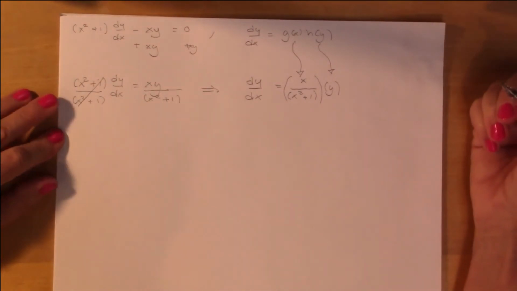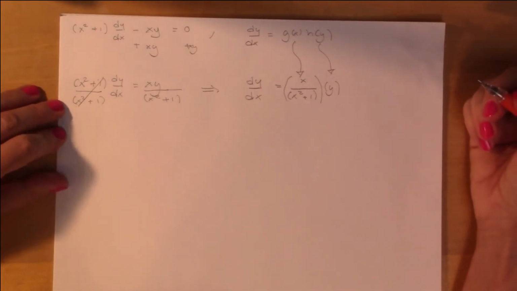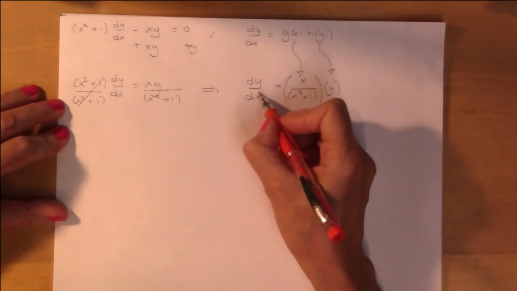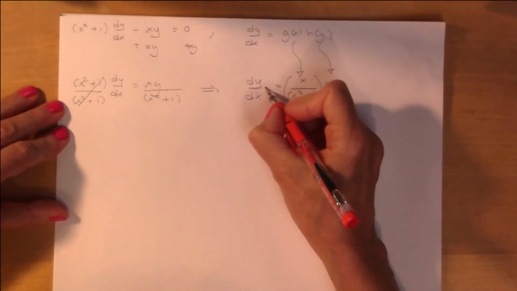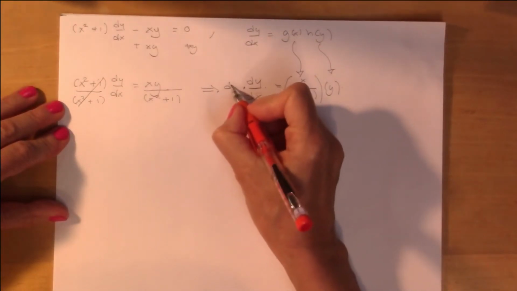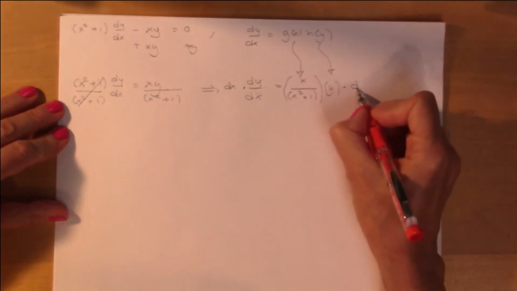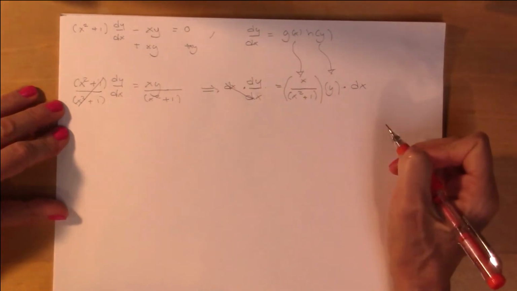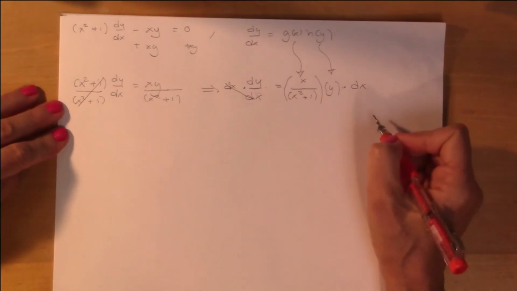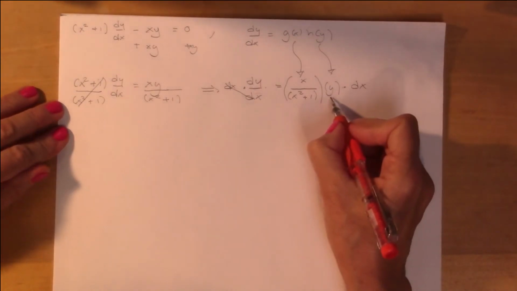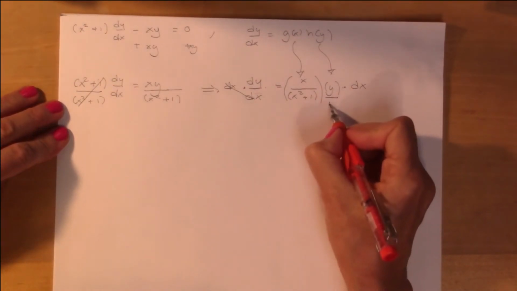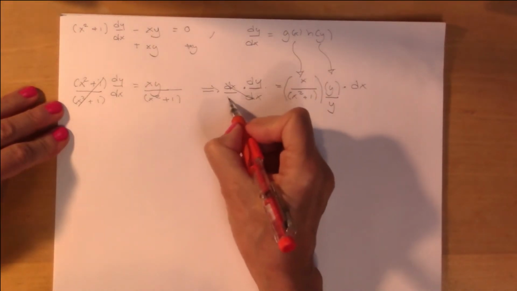Alright, so now we can proceed to do one more thing. We want this x over on this side. So we multiply by dx on this side and multiply by dx on this side. And then we're going to do one more thing. We can do it in one swoop. We divide through by y.